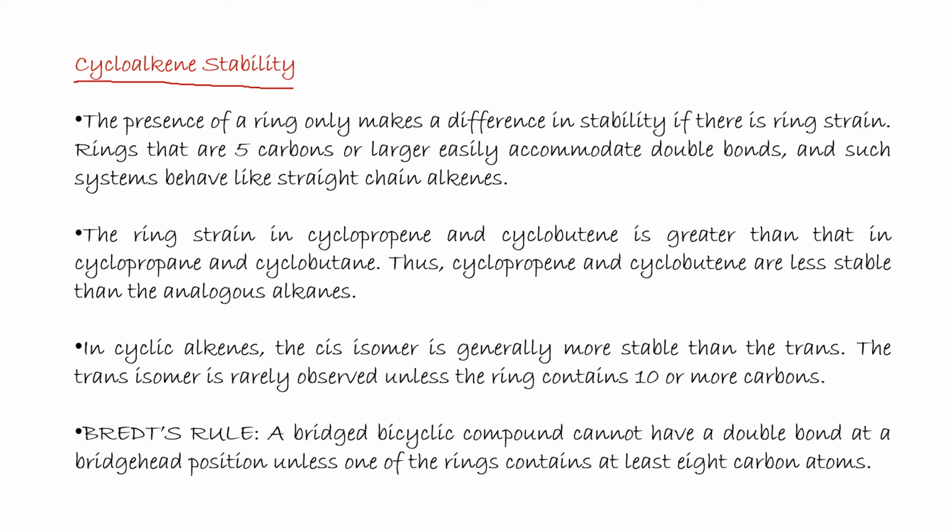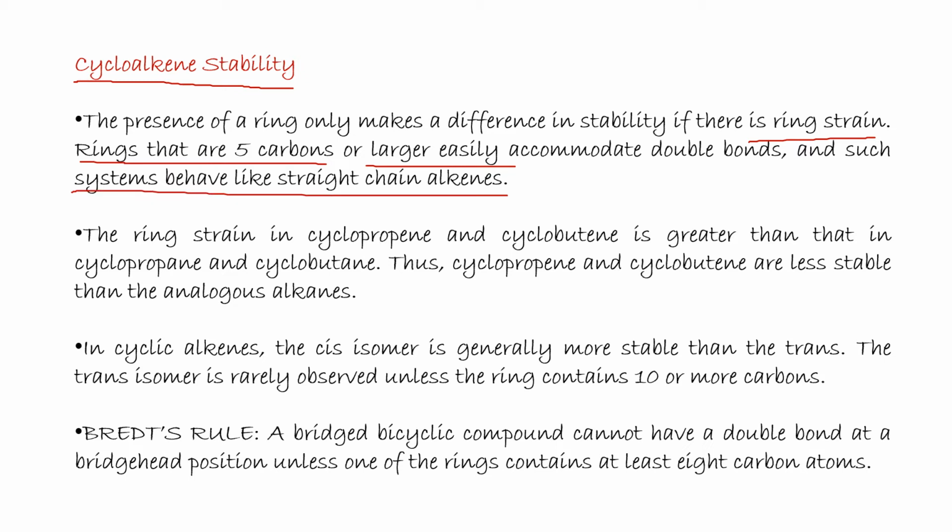Cycloalkene stability. The presence of a ring only makes a difference in stability if there is a ring strain. Rings that are 5 carbons or larger easily accommodate double bond, and such systems behave like straight chain alkene.